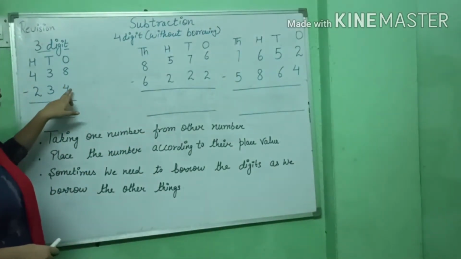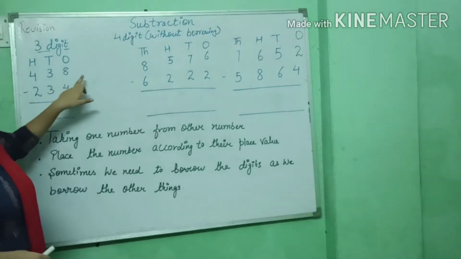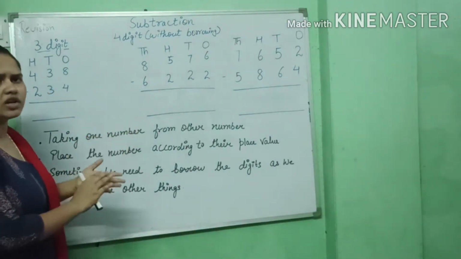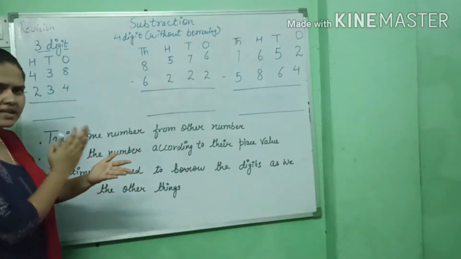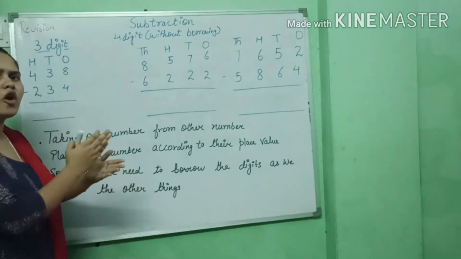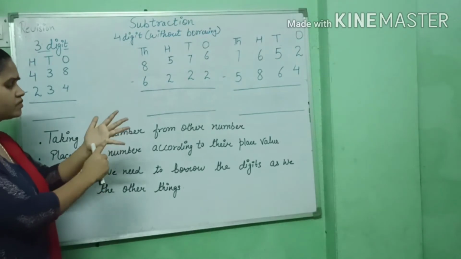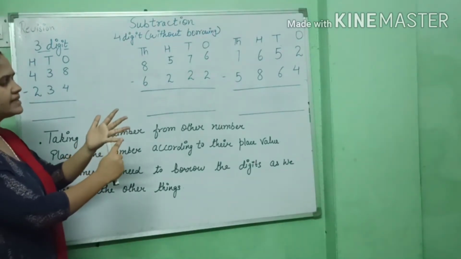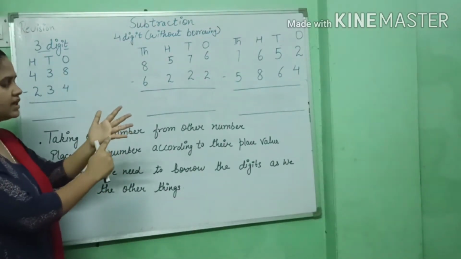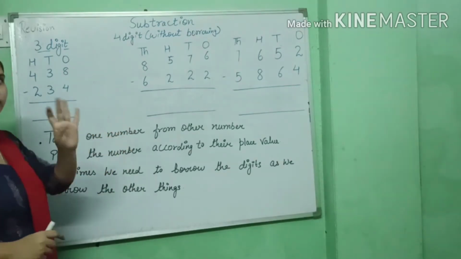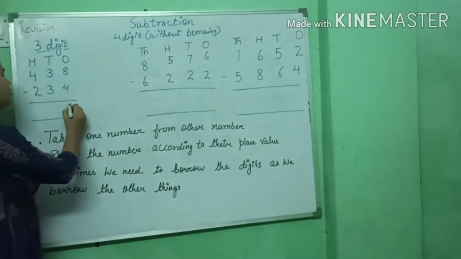Here is 8 and we have to minus 4 from 8. We have 8, we minus 4, and we count from 5. After 4 we count from 5 to 8: 5, 6, 7, 8. How many tips are there? 1, 2, 3, 4. So we write 4.